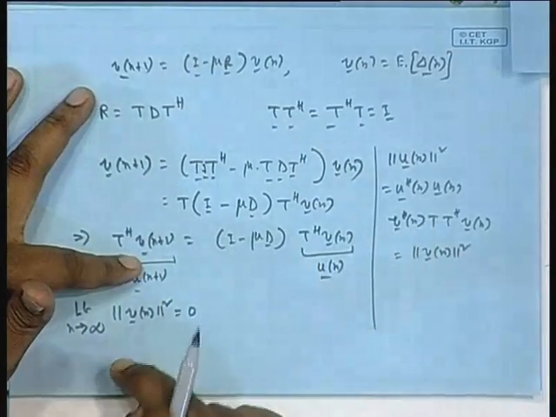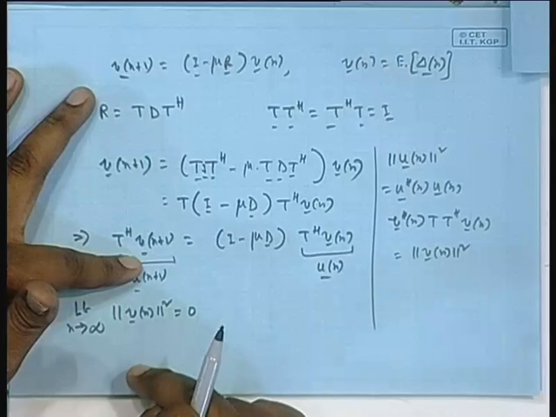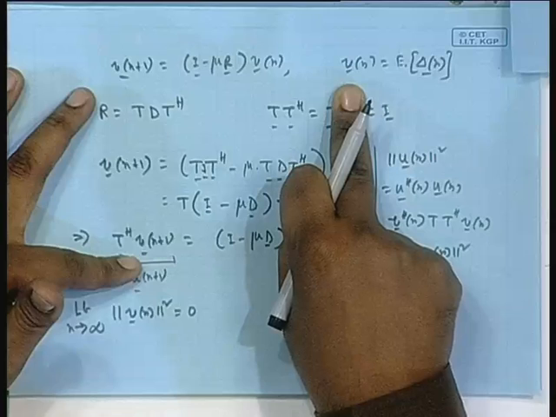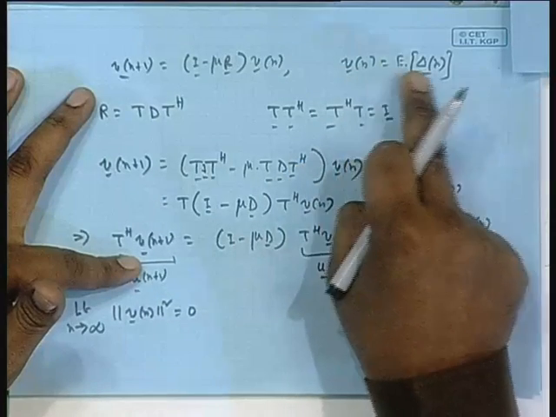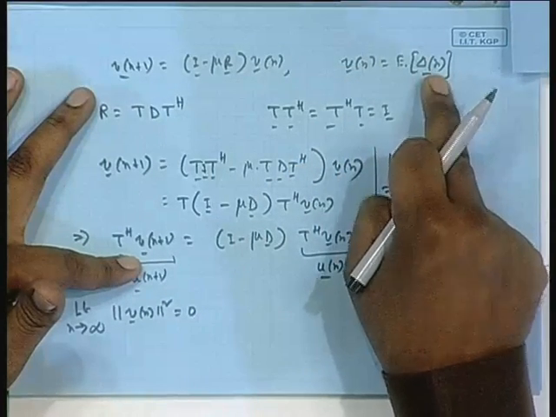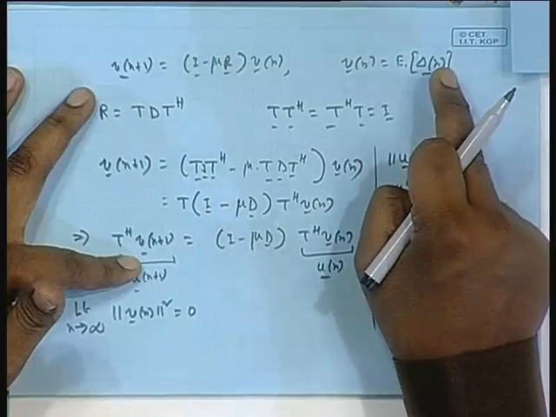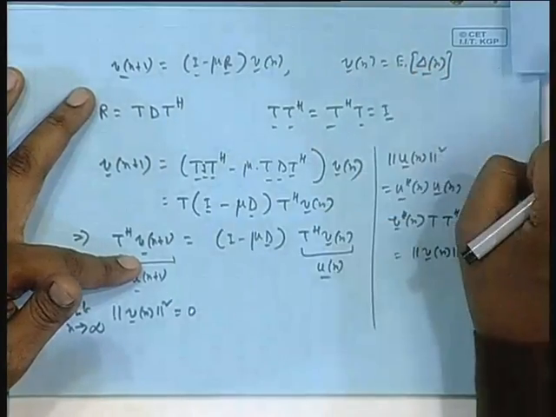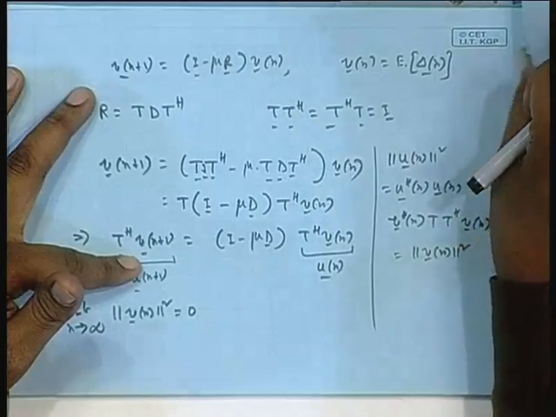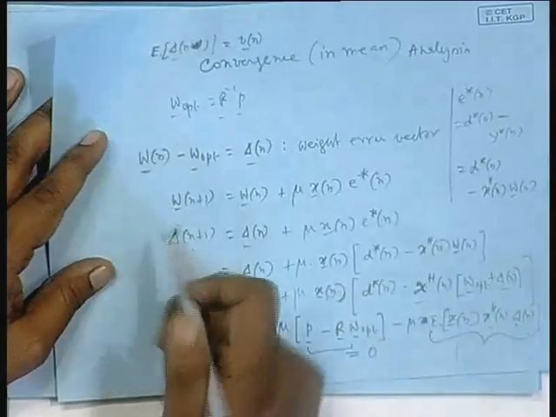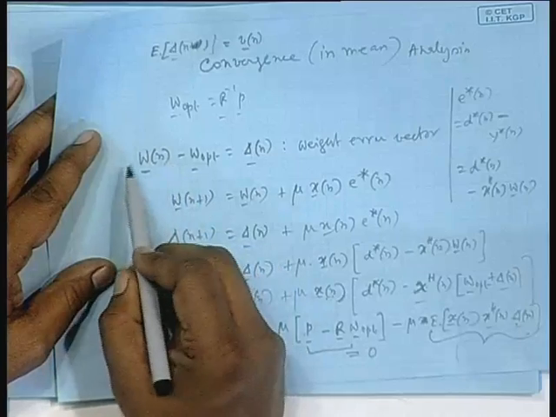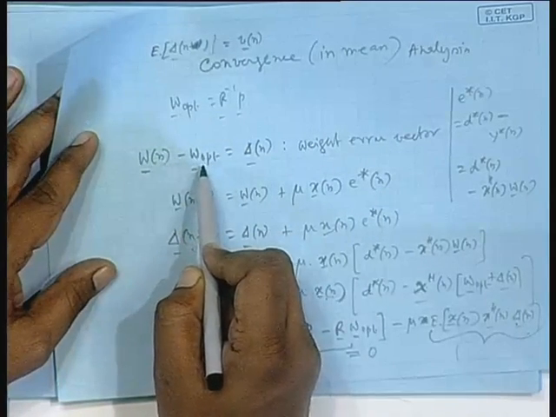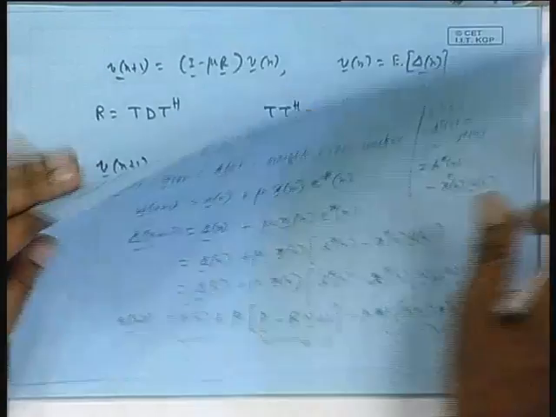That means, if I can establish this, then as time tends to infinity, each component of V n goes to 0. That is, each component of the expected value of delta n goes to 0. What was delta n? W n minus W opt. That will only mean that the expected value of W n will go to W opt. This is your delta n. If E of this goes to 0, that means E of W n goes to W opt. So, it will converge in mean, that is what we will prove.